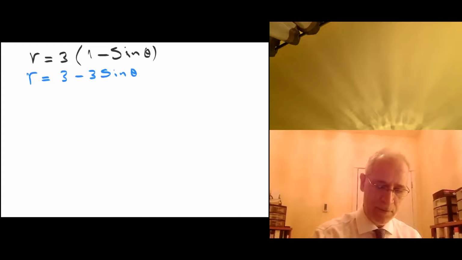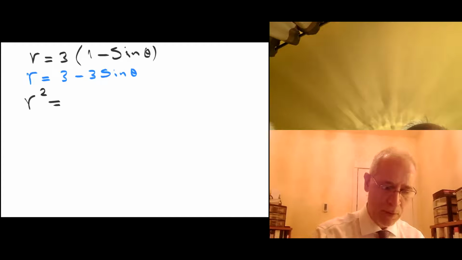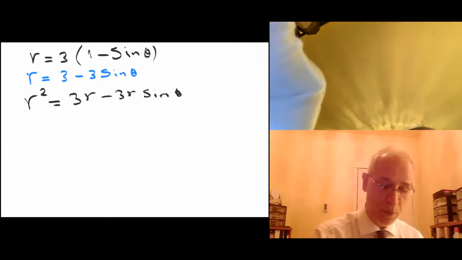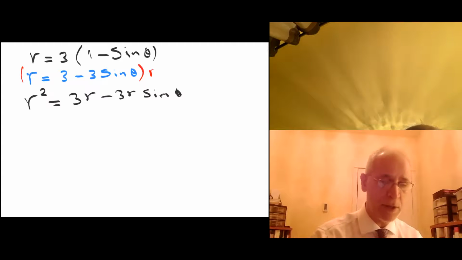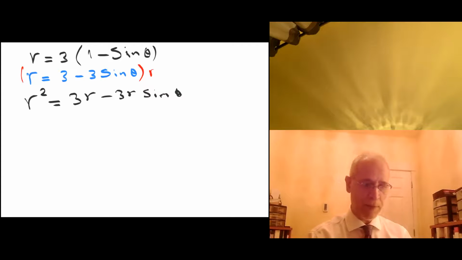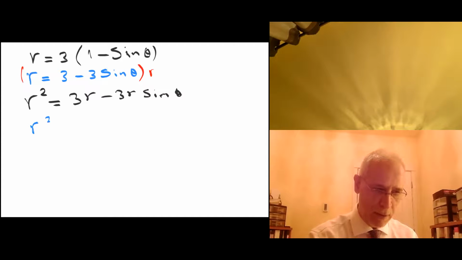So it will give me r squared equals 3r minus 3r sine of theta. So I multiplied both sides by r. Now I can claim that this is the same as r squared plus 3r sine of theta equals 3r.